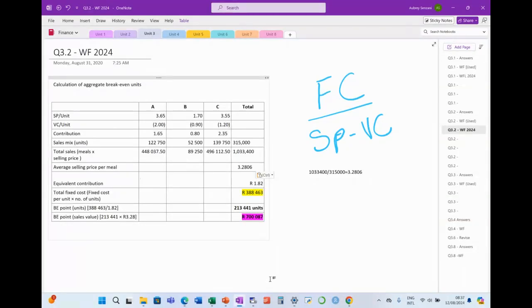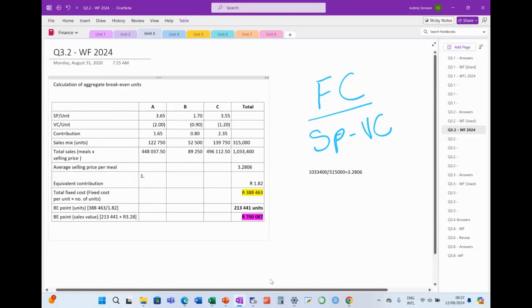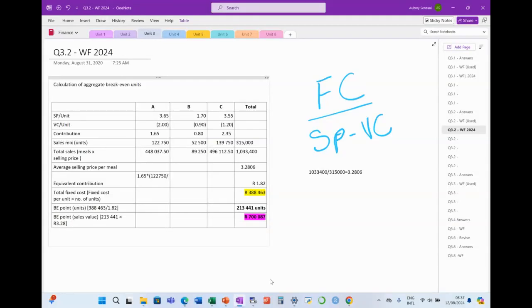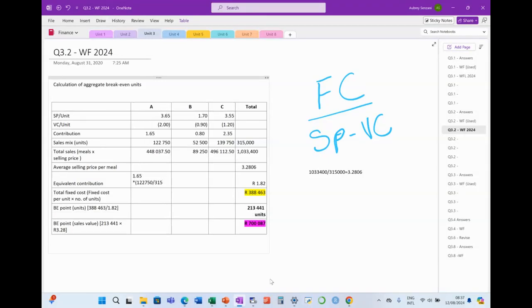How you're going to get it is you're going to say the contribution of the specific product, so 1 Rand 65 times the sales mix, which is how many units we sold of A, 122,750 divided by the total number of units sold, 315,000.